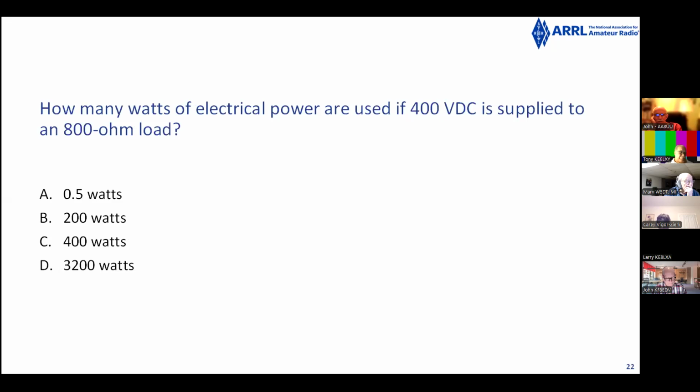And then next, get your calculators out: how many watts of electrical power are used if 400 volts DC is supplied to an 800 ohm load? So we want to calculate power based on voltage and load.